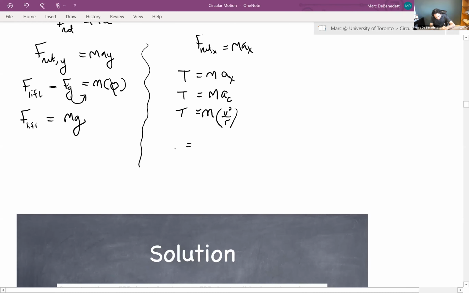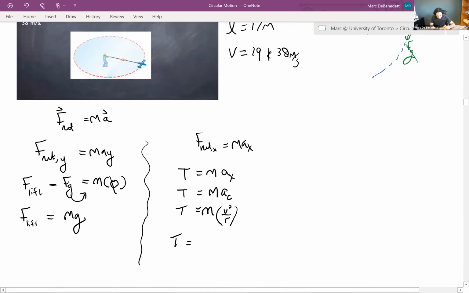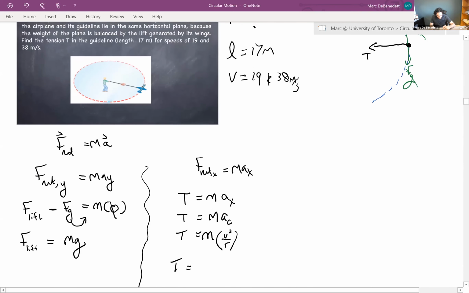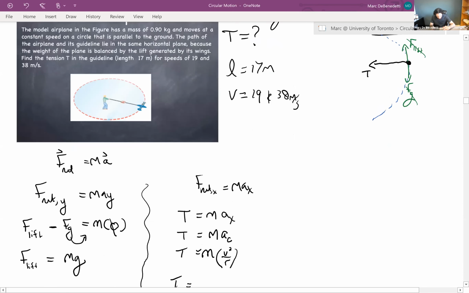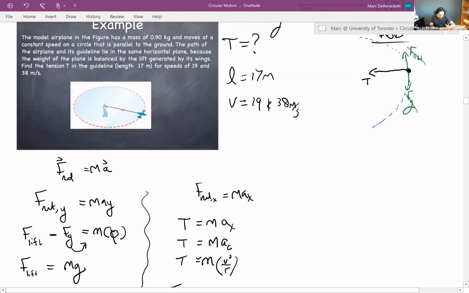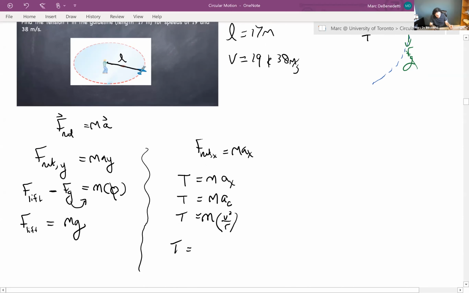And we're asked for tension, right? Tension equals question mark. Do we have all of these variables? M we have, 0.9. V, there's part A and part B, but v is 19 for part A and 38 for part B. And R, the radius of the circle, would be the length of the string. So yes, we have everything.